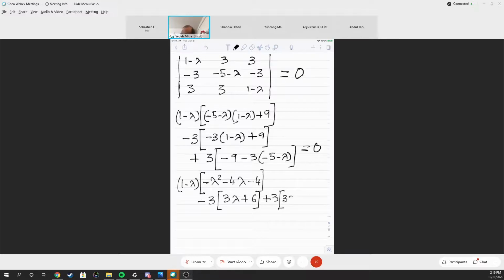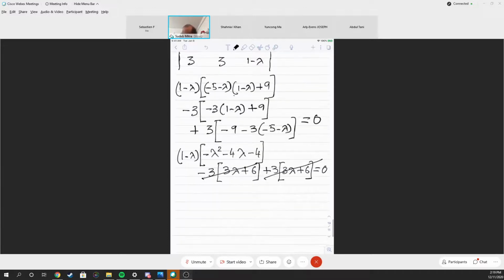Minus 3 times that plus 3 times that cancels out. And there is a minus which we can take out, so minus goes out. 1 minus lambda, and this is lambda squared plus 4 lambda plus 4 is 0. So lambda minus 1, lambda plus 2 squared is 0.